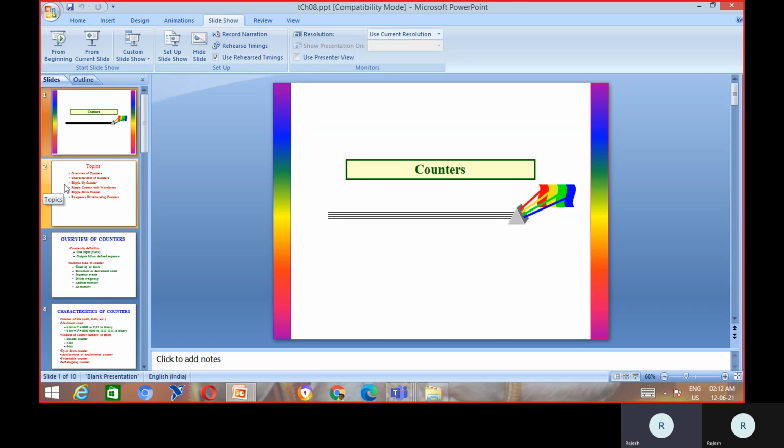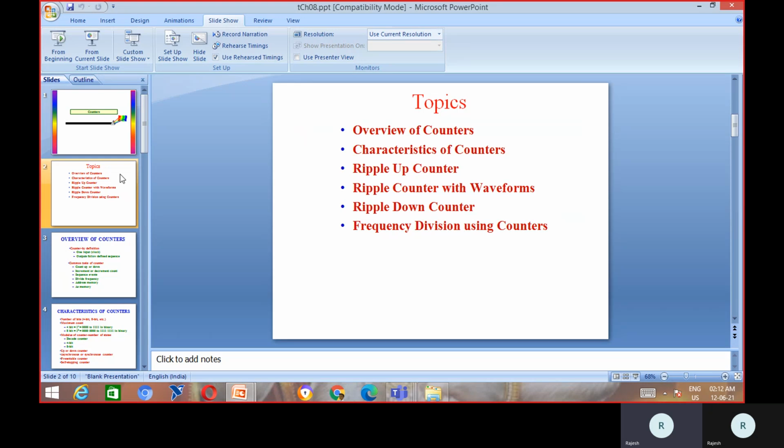So the topics to be dealt with, already we have seen synchronous and asynchronous counters, its characteristics, ripple up counter, ripple down counter, and how it acts as a frequency division circuit.